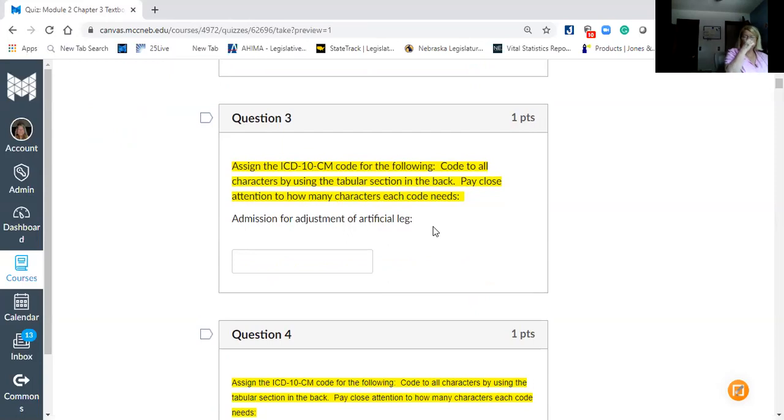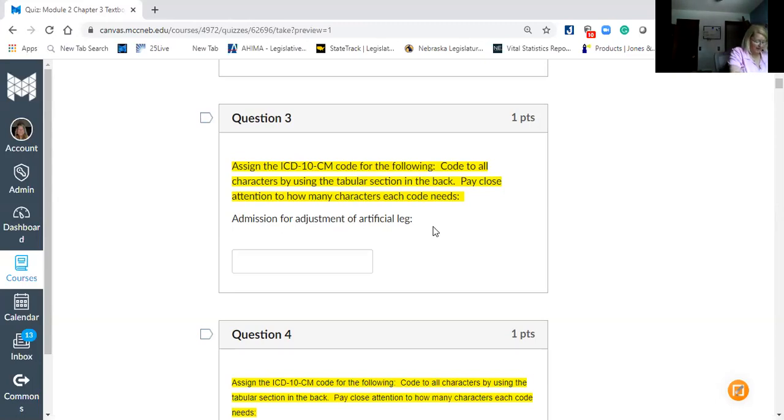Okay. Next one, admission for adjustment of artificial leg. Okay, there is such a thing in the front of the book. Main character is admission. So let's look at admission first, okay? And it could be fitting, or adjustment. We can look for adjustment.